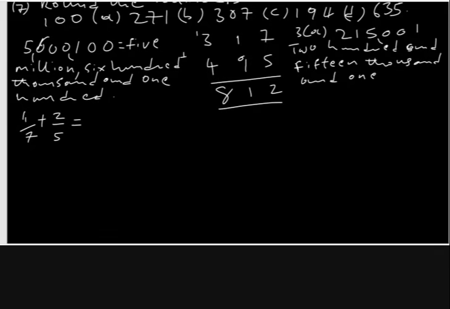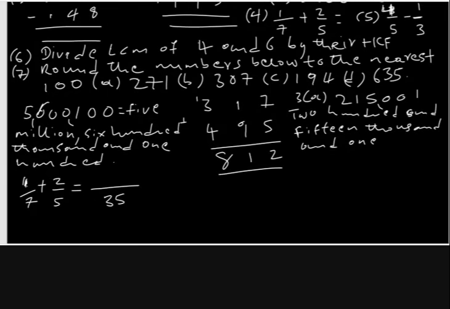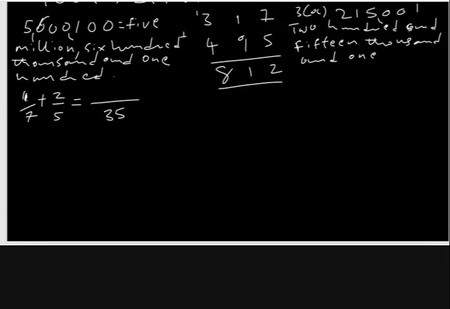Remember the trick I told you that you should be using whenever the denominators are not the same. Just multiply the denominators. Just do 7 times 5, which will give us 35. We now do 5 times 1.